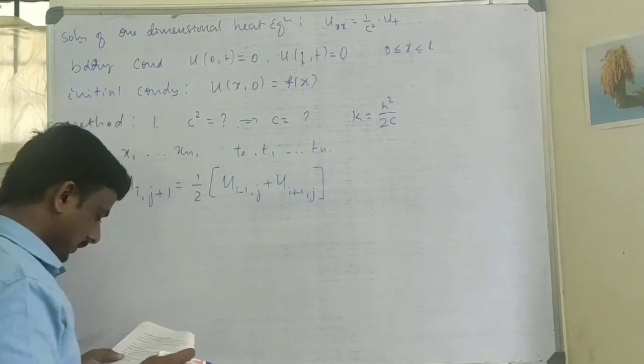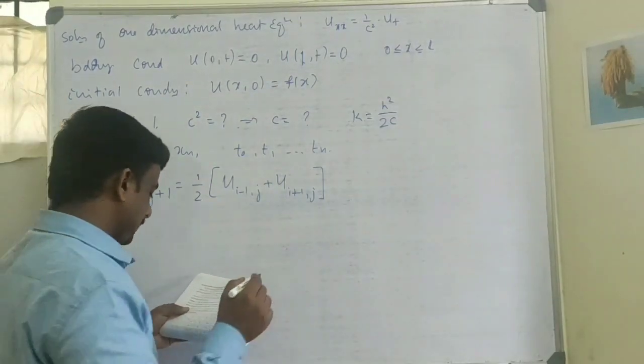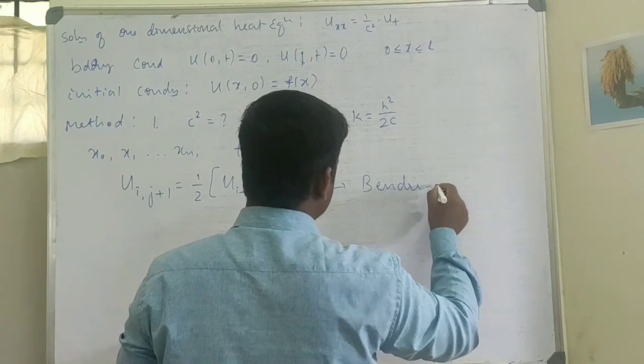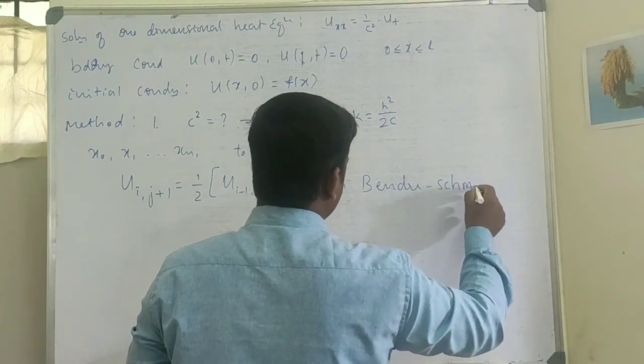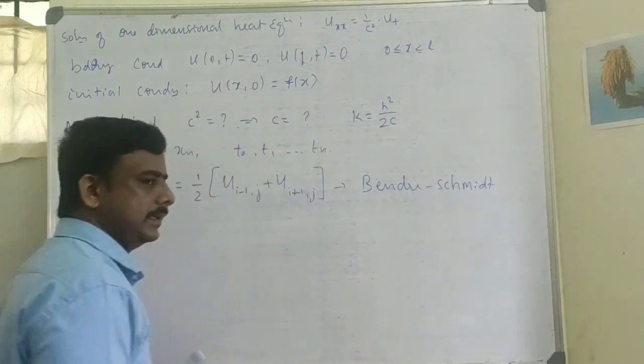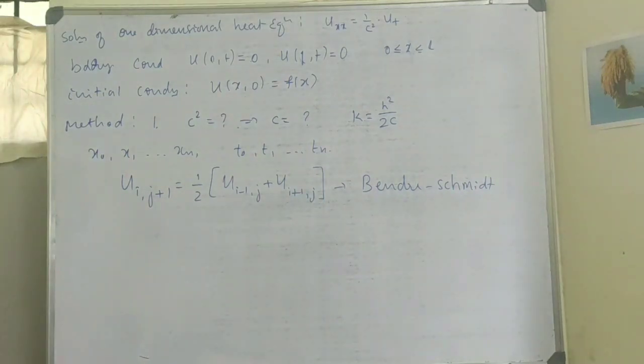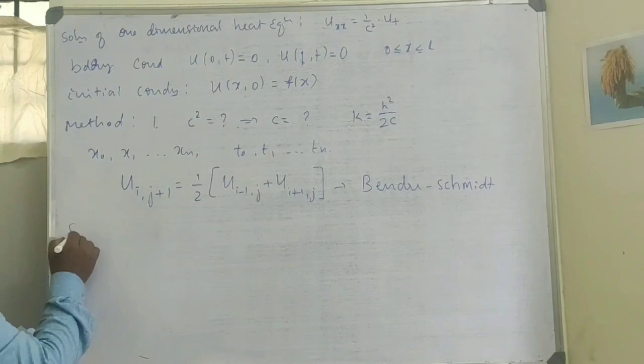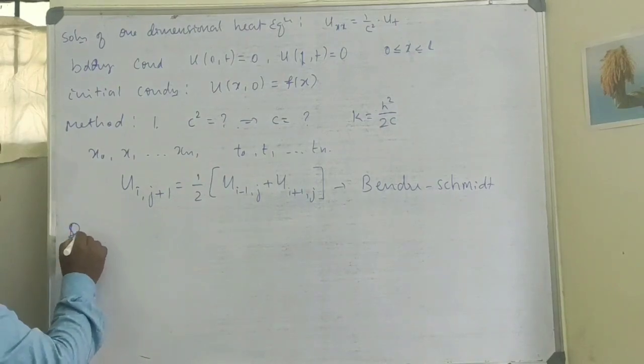So this is the only formula, called the Bender-Schmidt formula, to find the entries of the rectangular mesh. So consider a problem here.